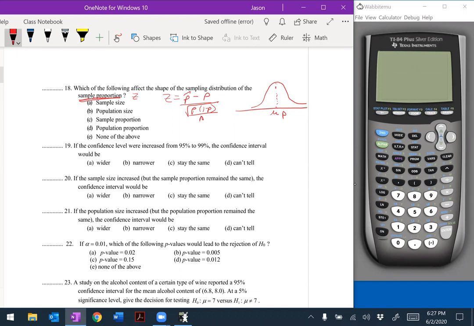So what is going to affect the shape of the sampling distribution?